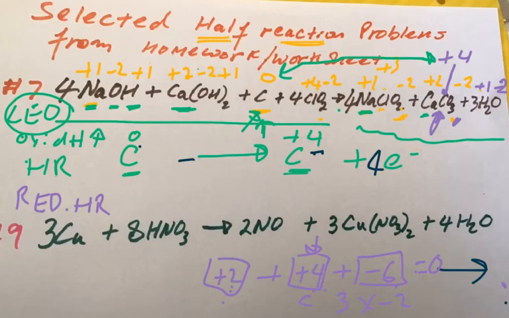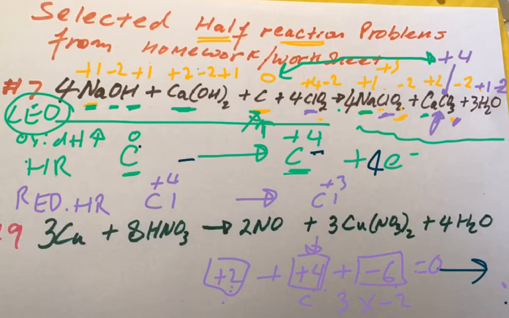We notice that Cl goes from +4 over here to +3. Cl +3. Now its number is going down from 4 to 3.